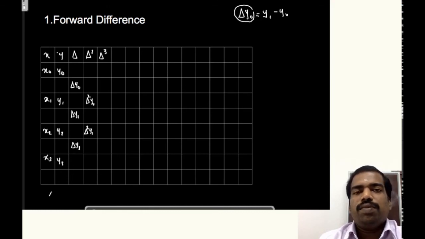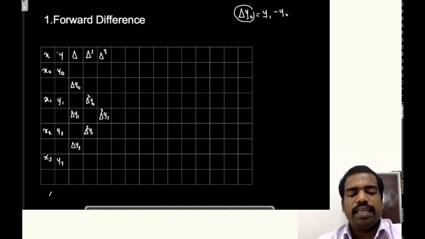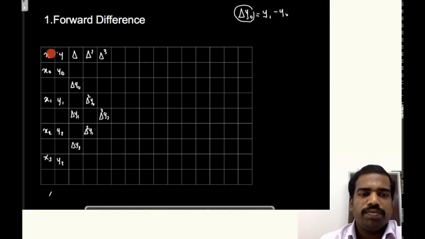The first member of this third order difference is delta cube y0. So from the table it is very clear that delta cube y0 is the difference between delta square y1 and delta square y0. So in this way you can construct the forward difference table.